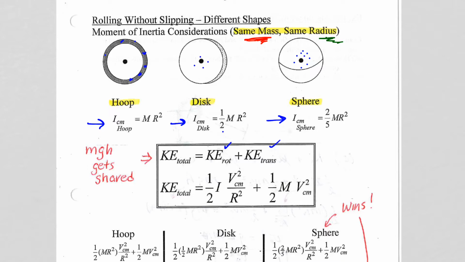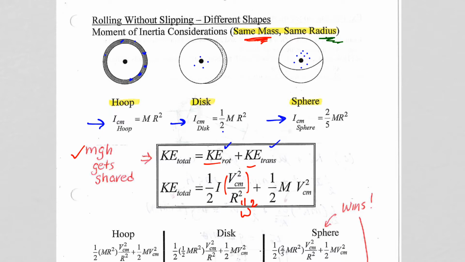So all three of these objects we're going to give the same mgh at the top, and that mgh is then going to get shared into rotational and translational. 1/2 I omega squared is the rotational, so v squared on r squared is my omega squared, so you can get that in there, right?